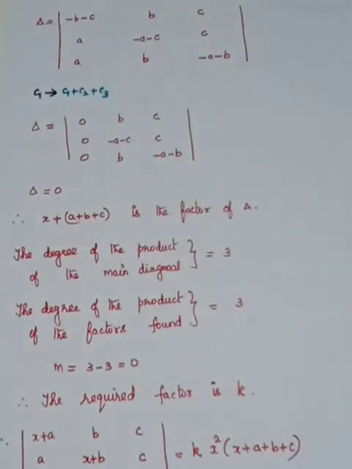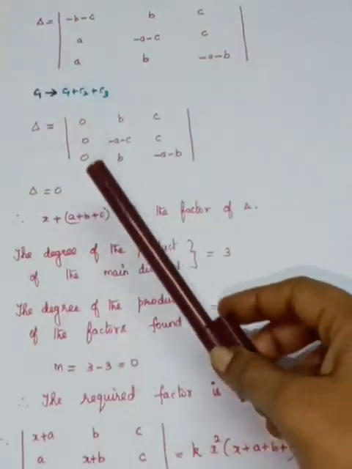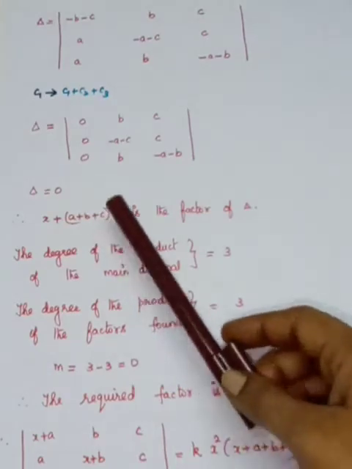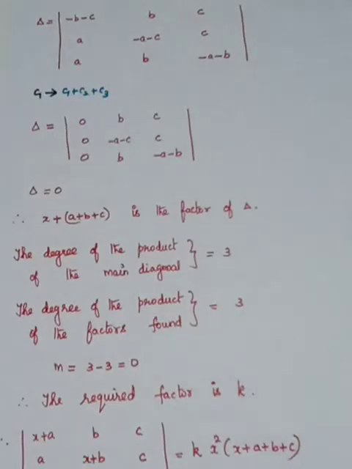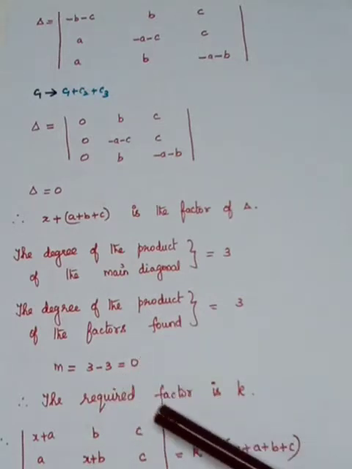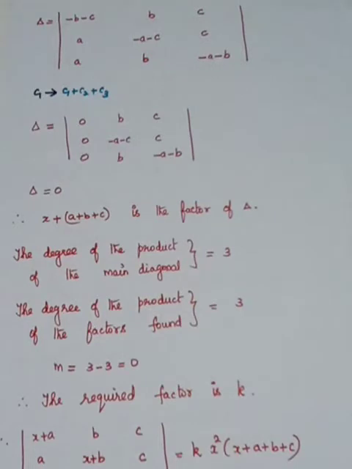And we have found 3 factors: one is x squared, another is x plus a plus b plus c. When you multiply, x squared into (x plus a plus b plus c), the degree is 3. So the difference is 0, and the required factor is k. Therefore the determinant is equal to k x squared (x plus a plus b plus c).